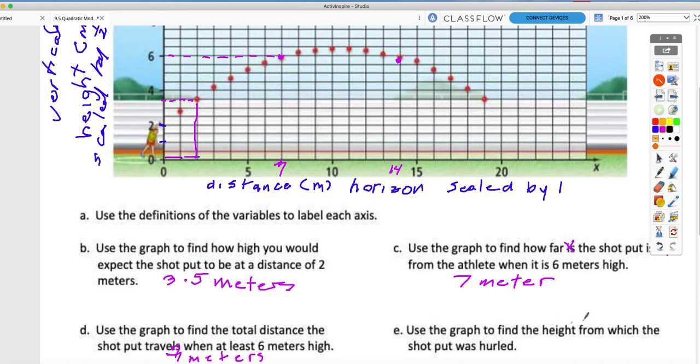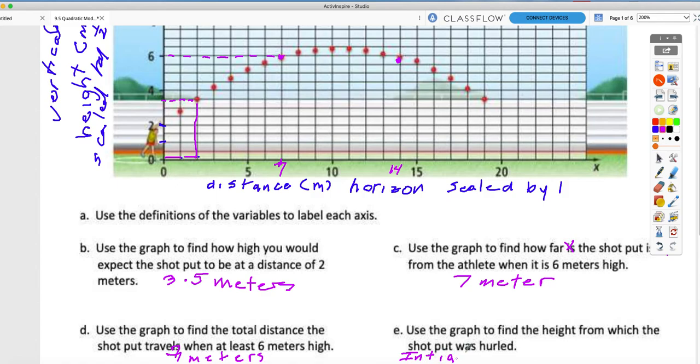Use the graph to find the height from which a shot put was hurled. Okay, where it was thrown from, that is going to be the initial value. And for all functions, the initial value is always the same in the equation and in the graph.